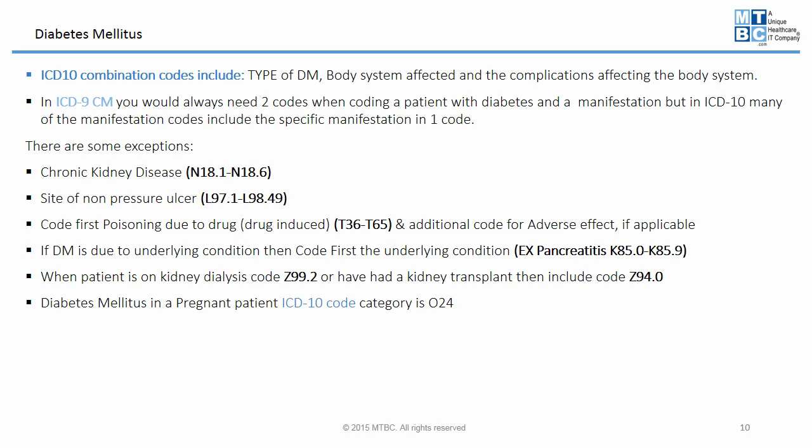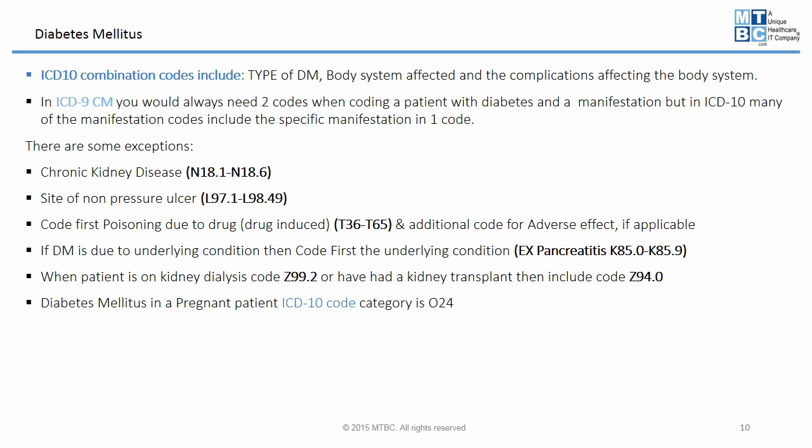If diabetes is due to an underlying condition, so if they had pancreatitis, which caused the diabetes, you would also, again, first code what caused the diabetes, and then any diabetes codes afterwards.